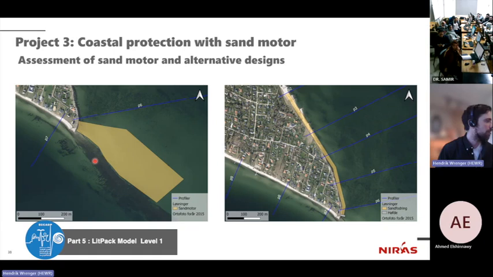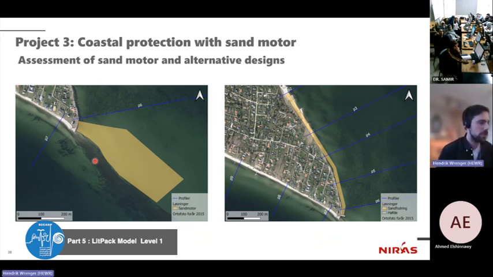With that, I'm at the end of my last project example. So to just quickly conclude, I tried to give another big picture view of the different components available in the LitPack modeling suite, how the profiles are handled in a different way, like the profile evolution, depth as a function of X and time, versus the coastline evolution, where we have the one-line model where a constant profile is shifted offshore and onshore.